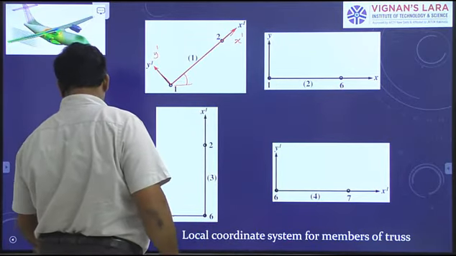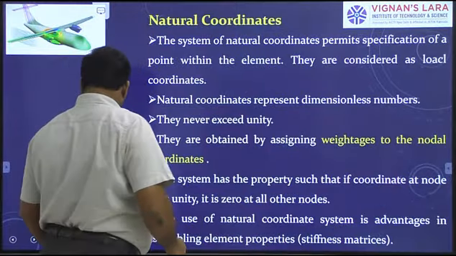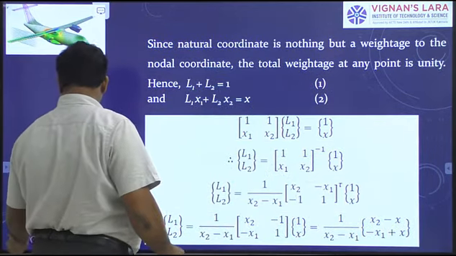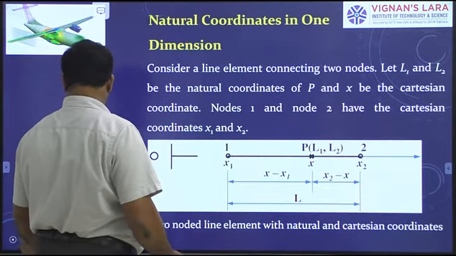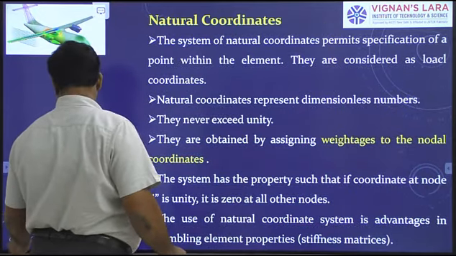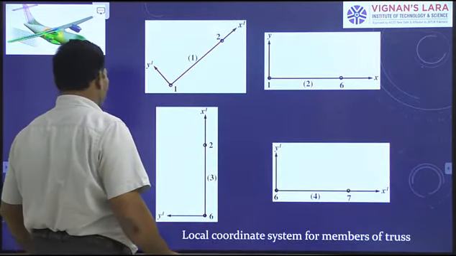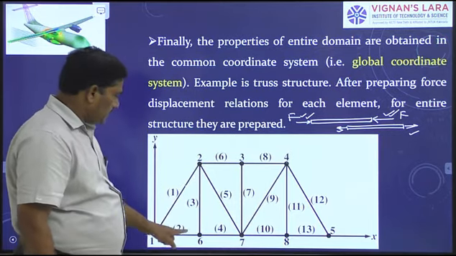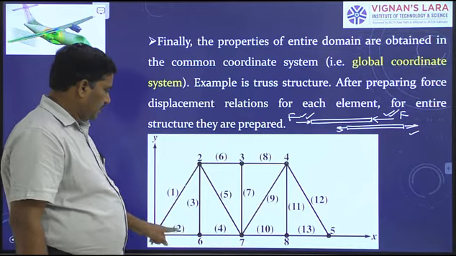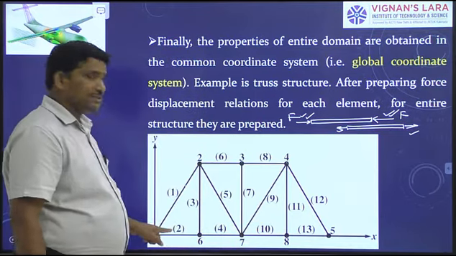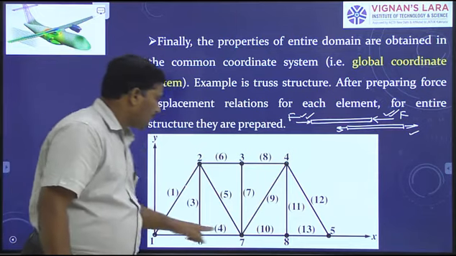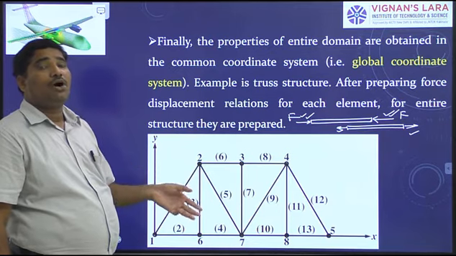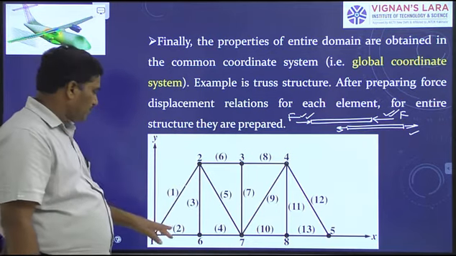For the whole domain, if you take a reference frame OXY like this, because element 2 is on the x coordinate axis, the same reference frame OXY becomes the local reference frame for element 2.